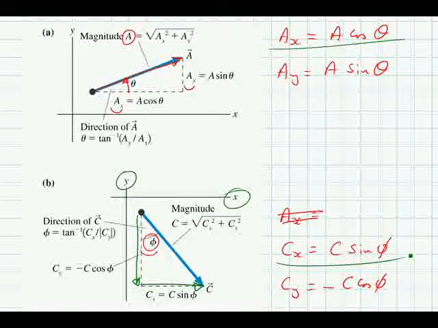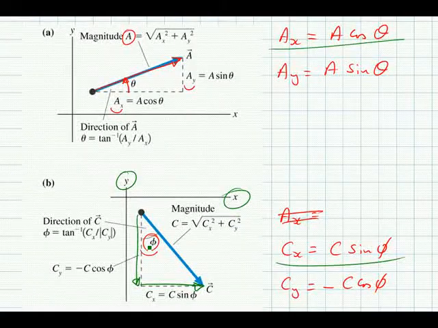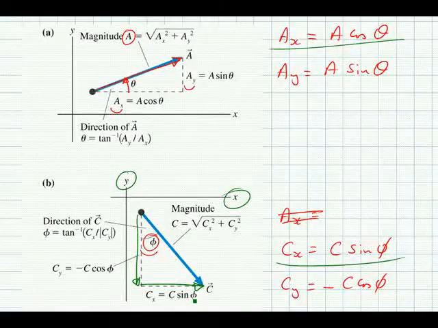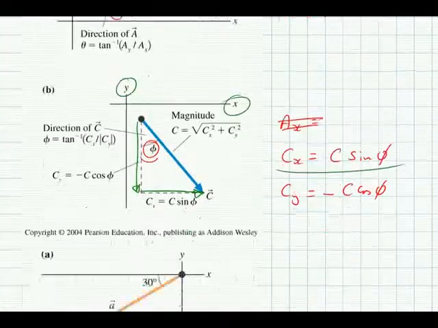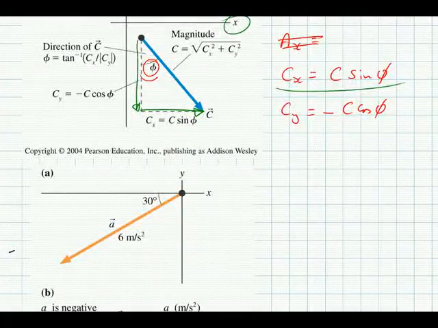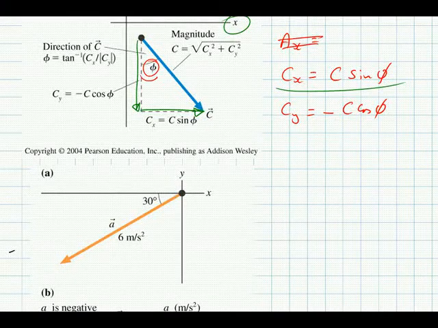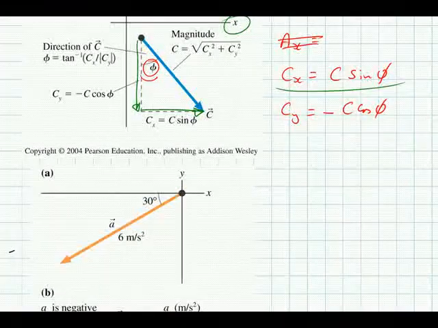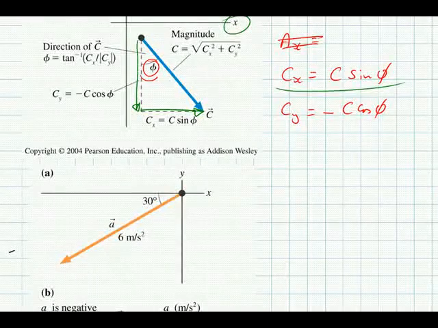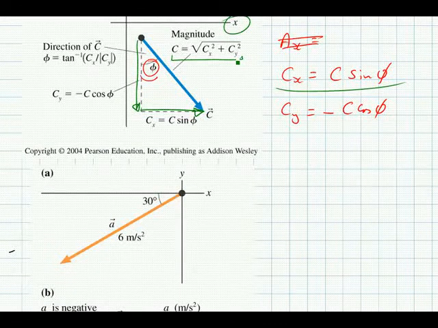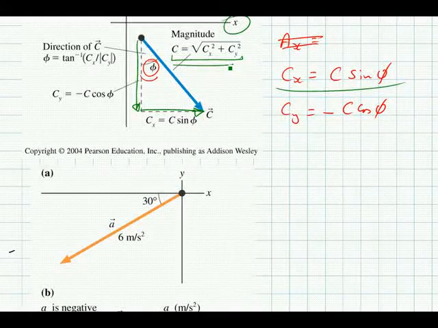It depends on what angle you choose or how you define your triangle here. So do pay attention to your trigonometry. I know it's a trivial point, but a point that is quite often missed, especially under exam pressure. And once again, the magnitude of the resultant vector can be worked out using the Pythagorean theorem.